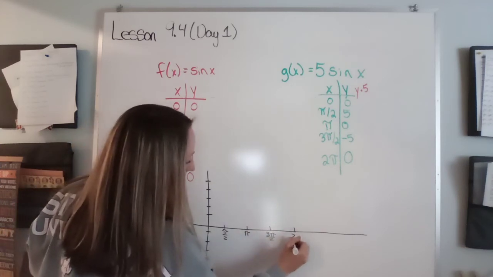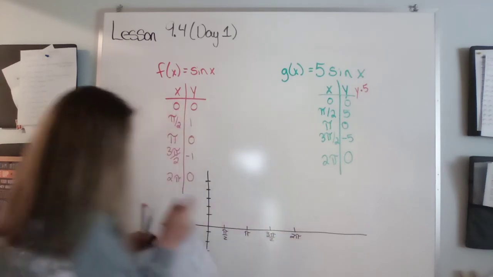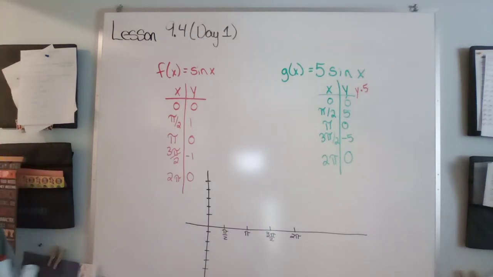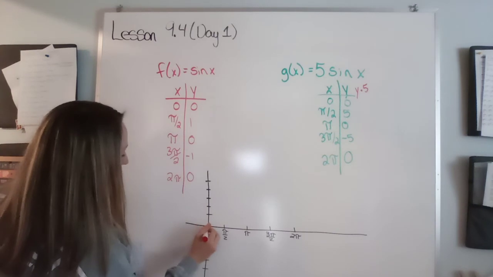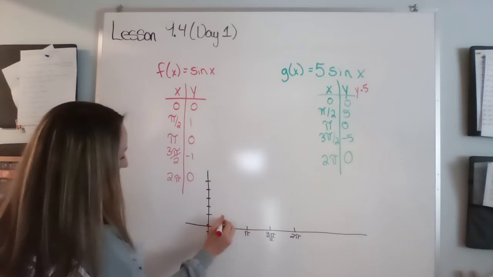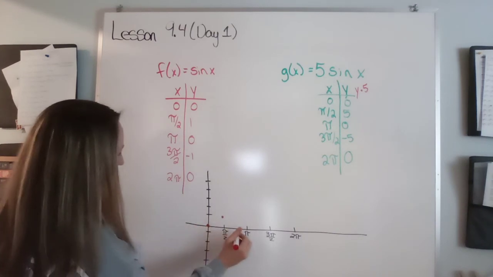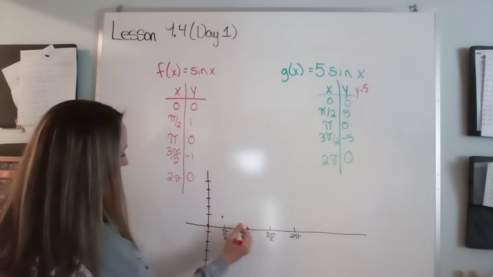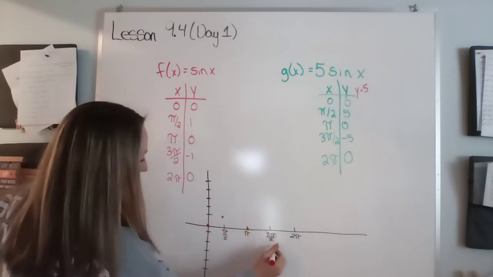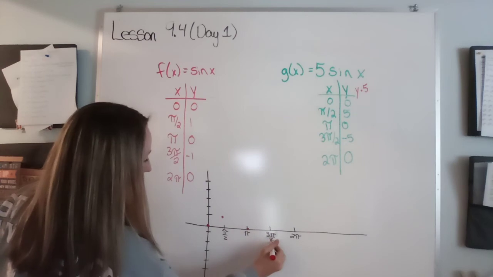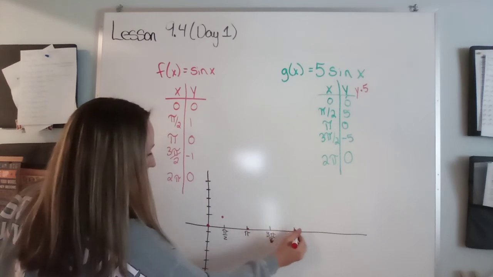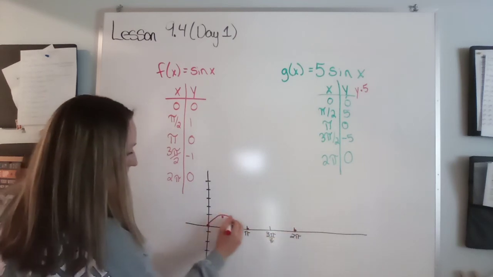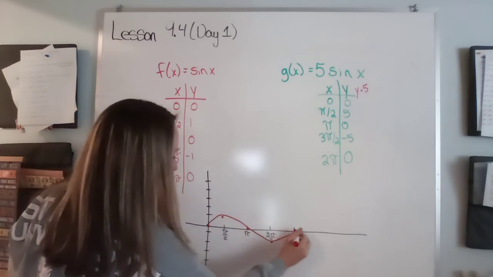And we have 2 pi. Okay, so we'll graph the parent function first. So 0, 0. Then we have there. Then it's going to be here. Then it's going to be here. And then it's going to be here. Okay, so this is your parent function.